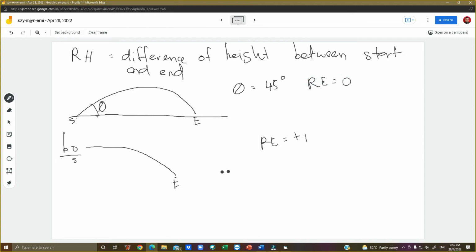Okay, in here, the best angle to get the best range is not 45 anymore, but it is less than 45. Kalau kita bagi dia 45, dia pergi macam ni lah. 45. Kita nak dia pergi sini. Okay, and the third one is when your start is lower than your end. Jadi angle kita macam ni.